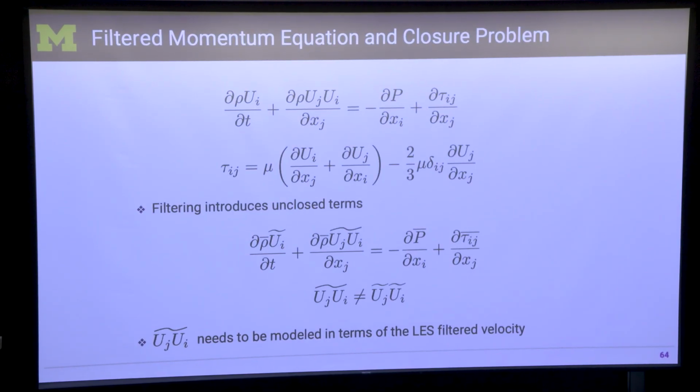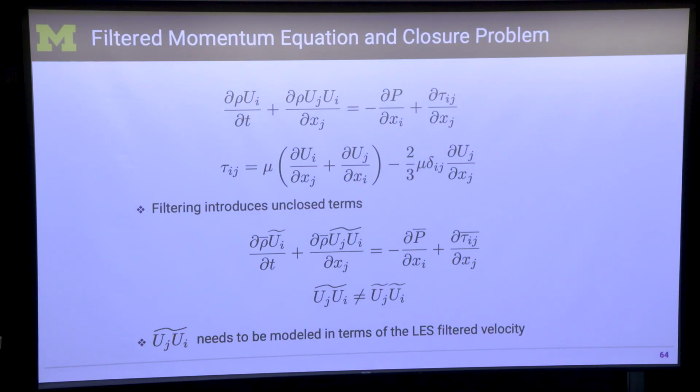And what you see in the second term is uj, ui with a giant tilde on top of it, okay? So what I mean is I take two fields, ui and uj, multiply them, and then filter what I have, which it turns out, if you know a little bit of signal processing, is different from first filtering uj, first filtering ui, and then multiplying them.